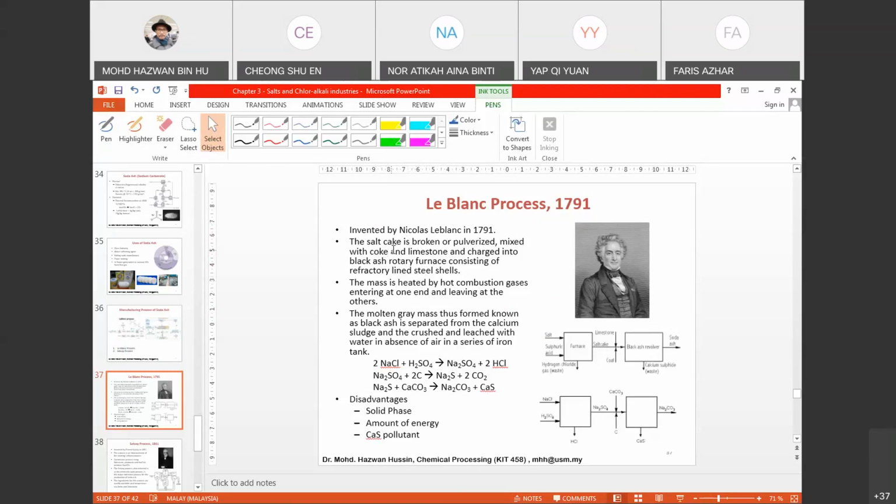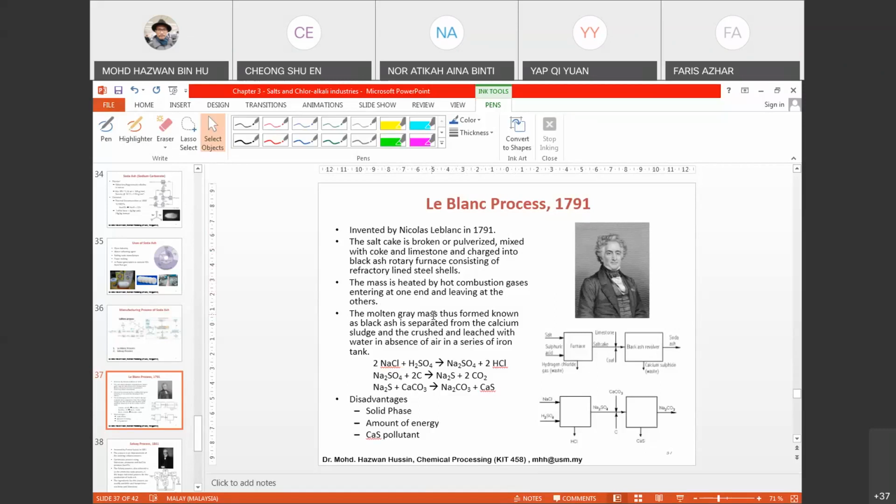The salt cake is basically broken and pulverized. Pulverized means that it is crushed or ground, mixed with coke, not drinking coke. This coke is actually carbon. And limestone, and charged into a black ash rotary furnace consisting of a refractory lined steel shell.